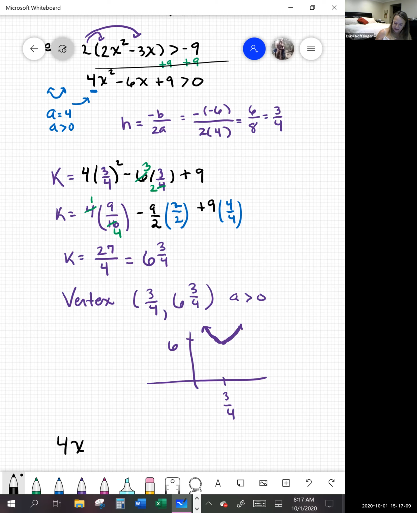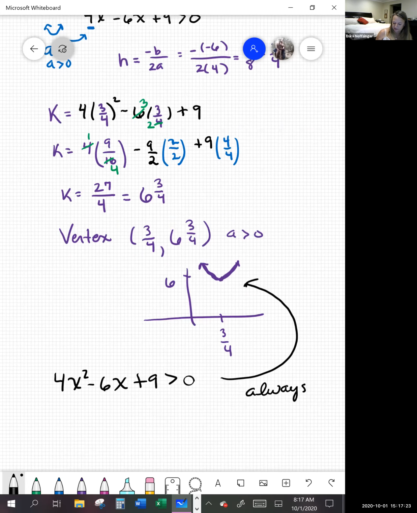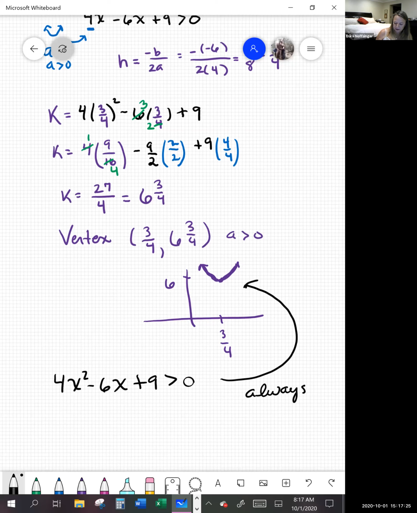In this case, everything is greater than or equal to 0. So our solution is going to be negative infinity to infinity. All x values from negative infinity to infinity.